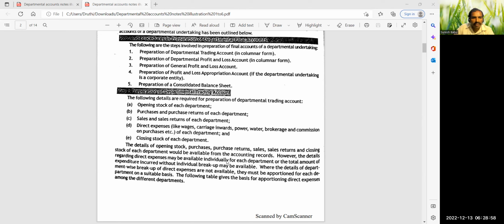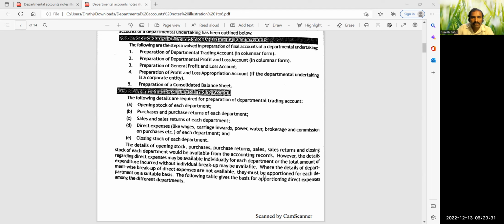The details regarding direct expenses may be available individually for each department, or the total amount of expenditure incurred without individual breakup may be available. What does it mean? Sometimes in a particular problem, they would give you department-wise direct expenses. In that case, the amount would be recorded in the respective department column. Absolutely no issue at all.